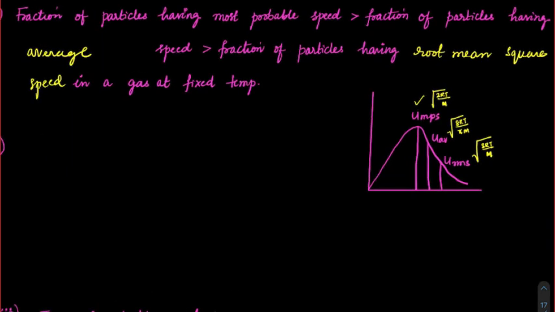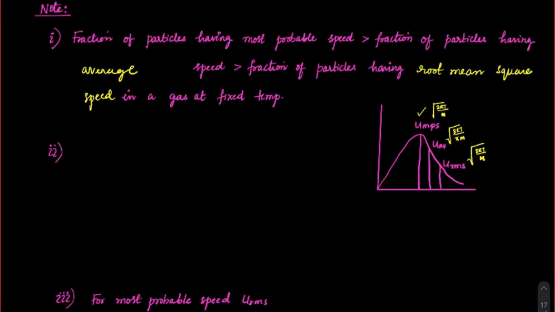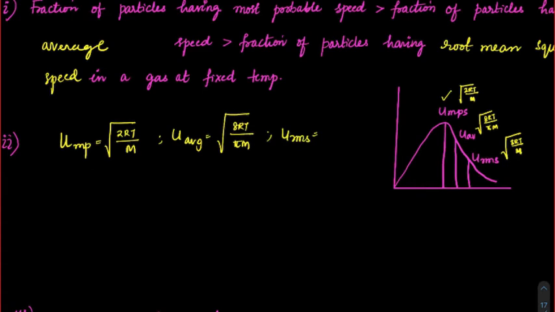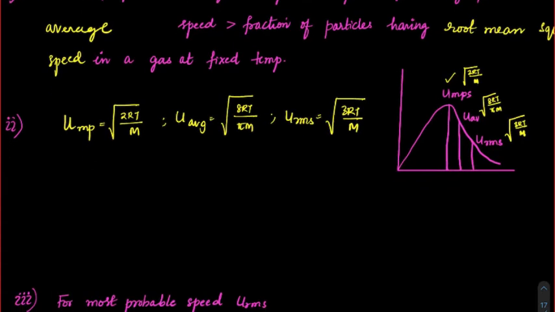And since the values of u are very clear, we can simply take the ratio of them and remember it. U most probable is equal to root of 2RT by M, u average is root of 8RT by pi M, and u RMS is equal to root of 3RT by M. If I take the ratio of these three, I can say that u most probable is less than u average, which is less than u RMS.